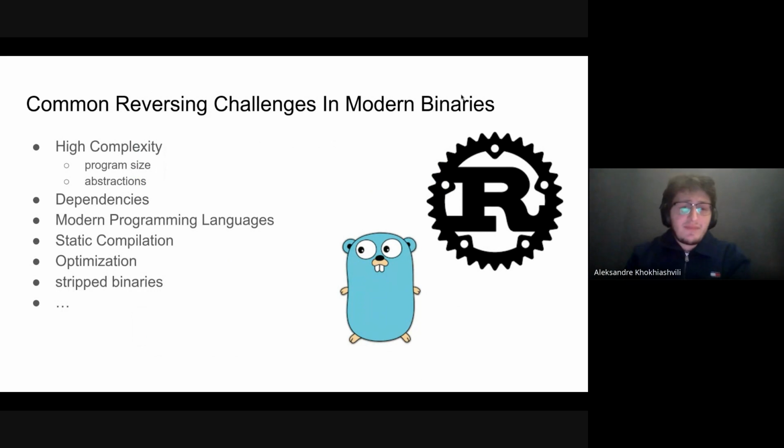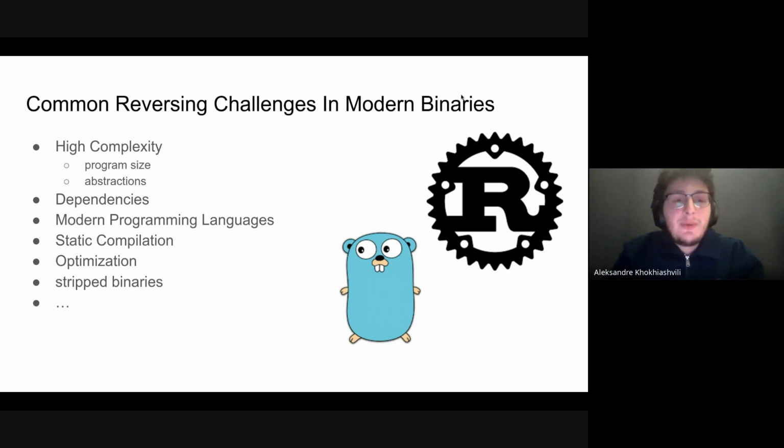So that's why let's talk about common challenges that you might meet in reversing real-world modern programs. One of the problems, as we said, is high complexity. They are large in size. Just the sheer amount of code that you have to reverse is a lot. And also, the abstractions are getting bigger and bigger. There are many dependencies that these programs use.